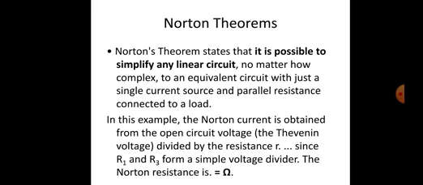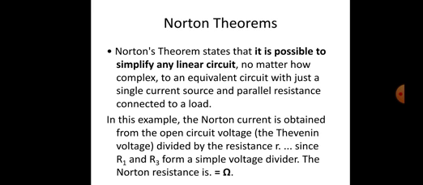Norton's theorem states that any two terminal linear network with current source, voltage source, and resistance can be replaced by an equivalent circuit consisting of a current source in parallel with resistance.